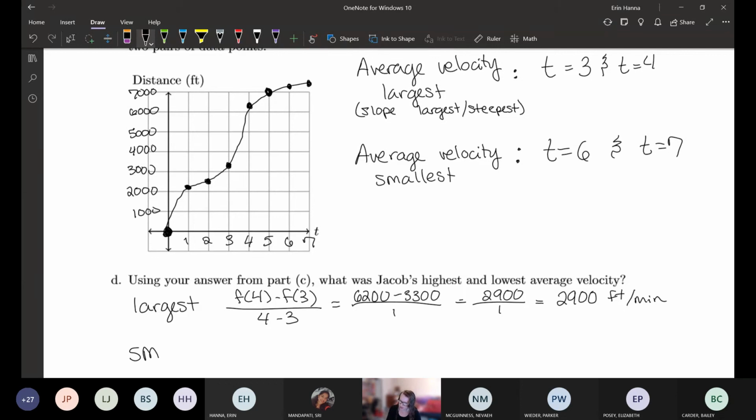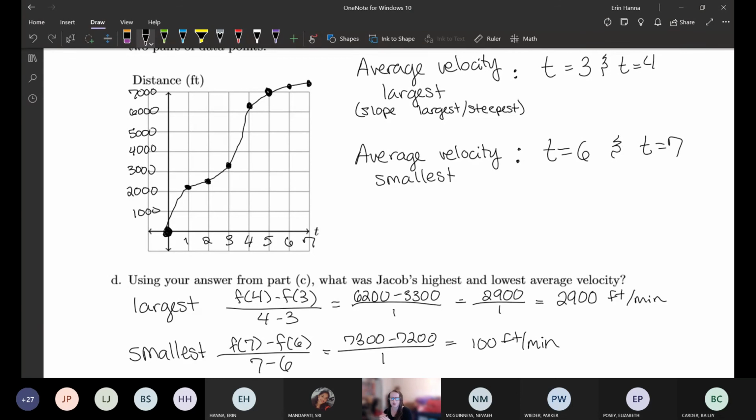And then the smallest, we already talked about because I looked at the values, that would be between our 7 and our 6, which had a difference of 100. So hopefully this comes out to 100, which it will, because otherwise I lied to you. So the smallest average velocity would be 100 feet per minute.